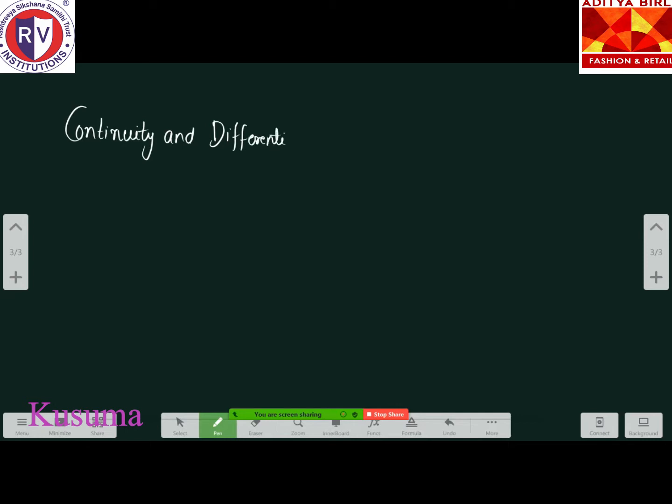Can anybody tell me, when do you say that a function is continuous? Ma'am, when f of a equals LHL equals RHL. Okay. Do you know any other meaning of a continuous function?